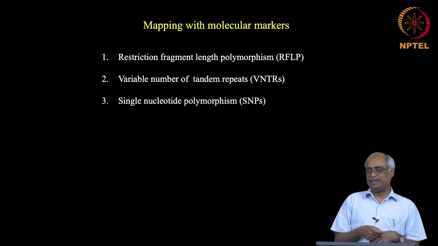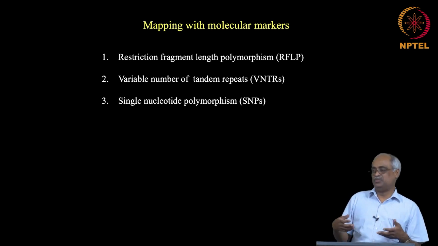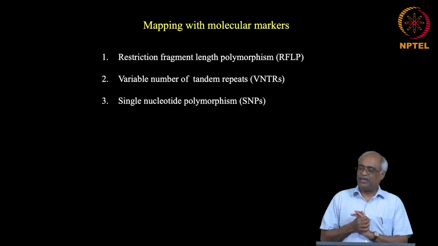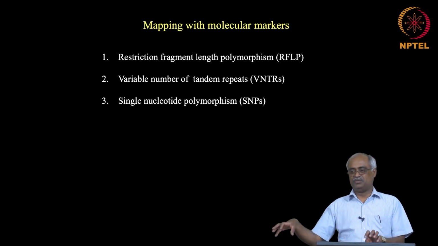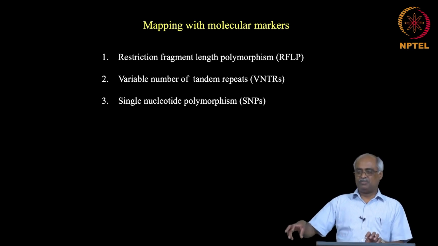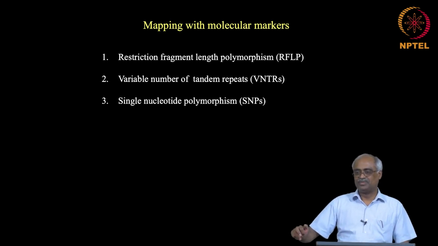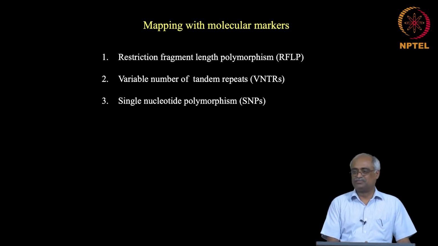Let us say the mutation is on chromosome 1. If I go to chromosome 2, what is the probability that one allele is from N2 and another allele is from the Hawaiian strain? It will be independent.